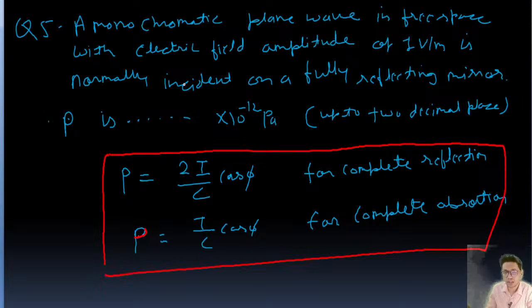In this question we can see the light is normally incident on a fully reflecting mirror. So this mirror reflects it completely, right? So the pressure formula is 2I upon C cos phi. Normally incident means cos phi value is 1, right?